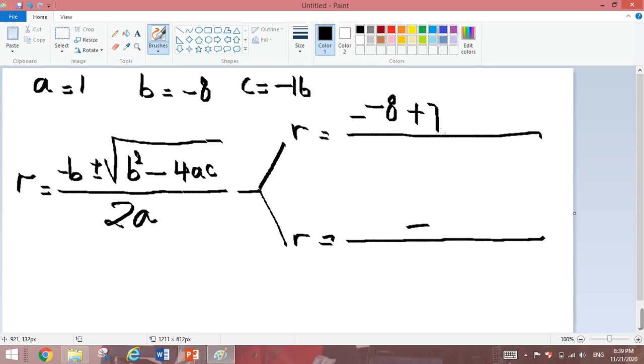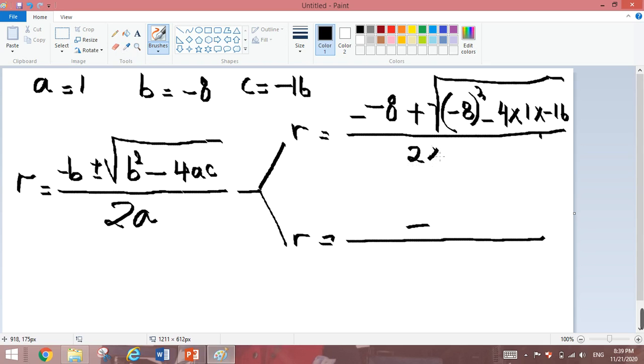Plus under square root, it's going to be negative 8, which is the value of b, all to the power of 2, minus 4 times the value of a is 1, times the value of c, which is negative 16. And remember, all under the square root and all over 2 times 1.